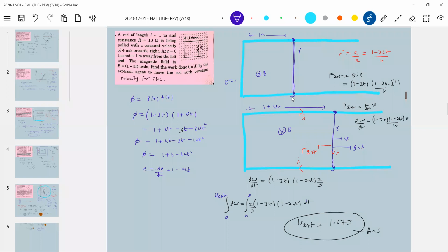Yes, sir, from 0 to 1 by 24 it will increase, afterwards it will decrease. Then what do we do?